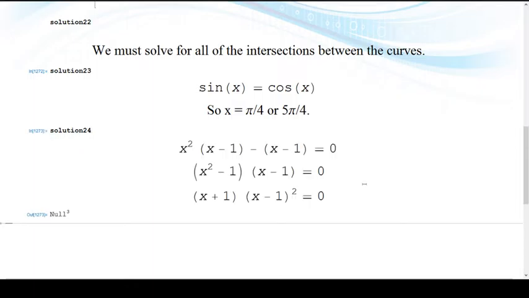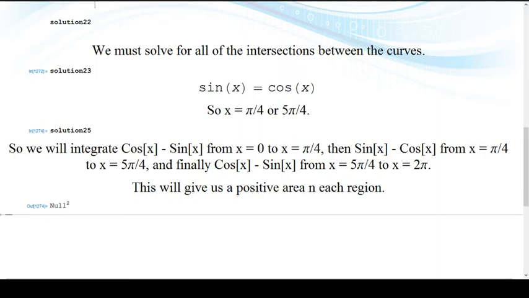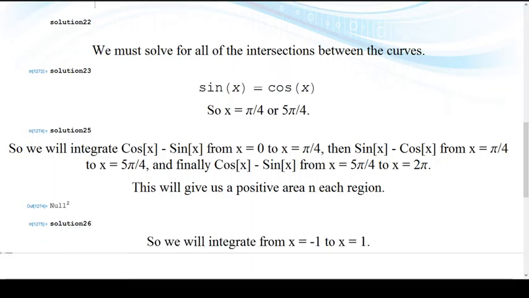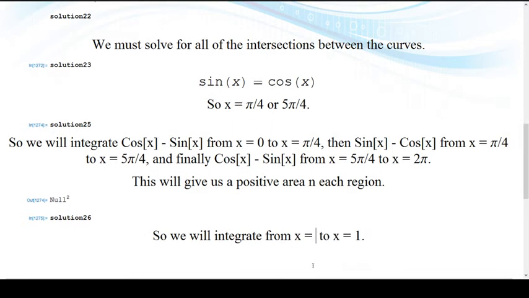We'll integrate cosine minus sine on the first interval, sine minus cosine on the second interval, and cosine minus sine on the third interval, so that we get a positive area in each region. So we'll integrate from 0 to pi over 4.